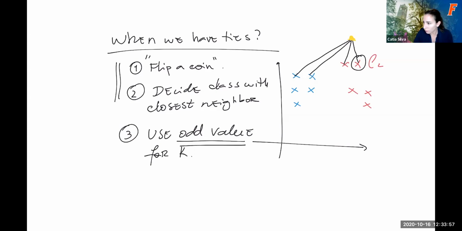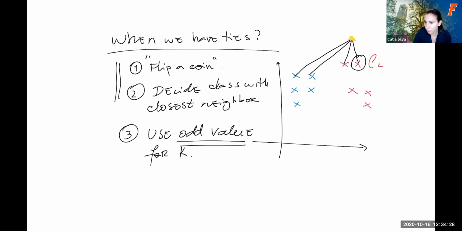Okay, so let me see if there's any questions. I think I've answered them. And so, okay, now we can have different distances, right? And in here, we're just looking at Euclidean distance, but we can have many types of distances depending on the actual problem that you're dealing with.